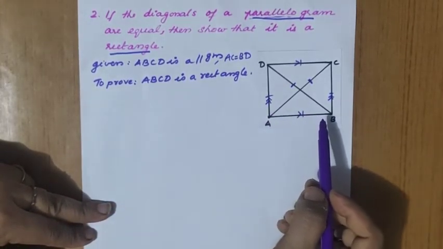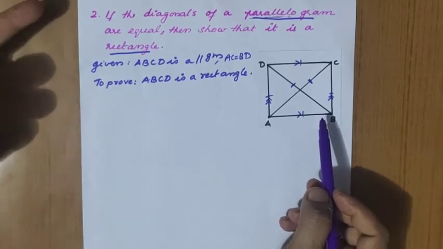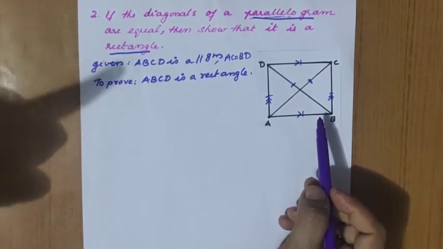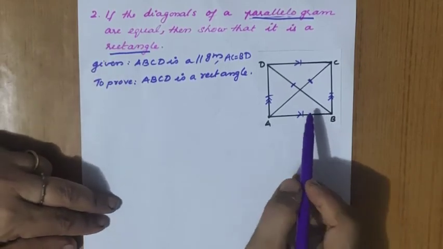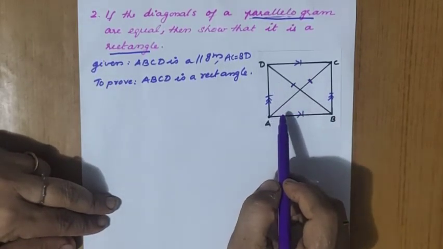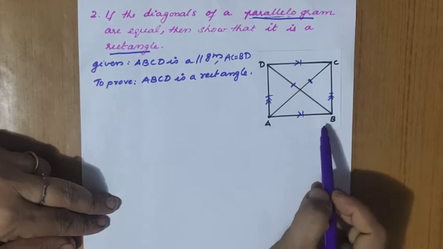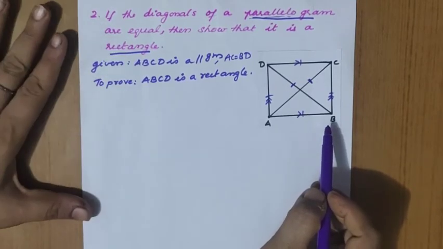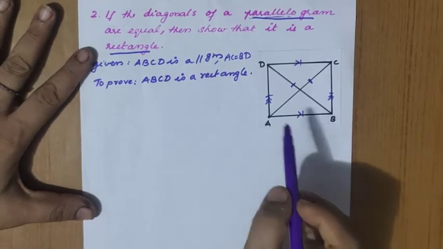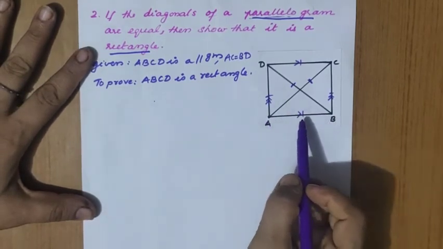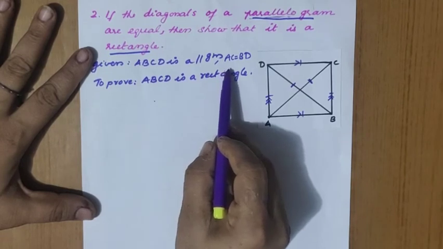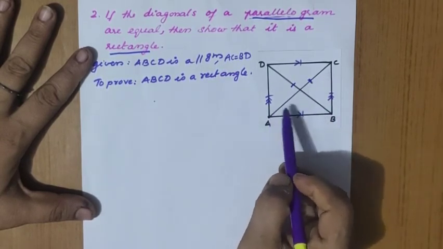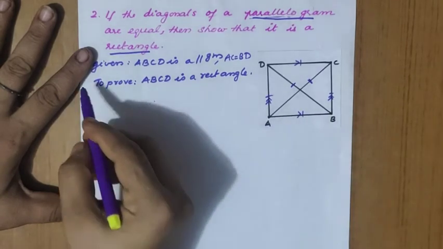ABCD is a rectangle. By the definition of the rectangle, we learned that it is a parallelogram in which one angle is 90 degrees. So already it is a parallelogram, right? Now we have to prove that one angle is 90 degrees, then we know that it is a rectangle. For proving that, because the diagonal is the additional information given, we have to consider the diagonal as one of the sides for the congruency.